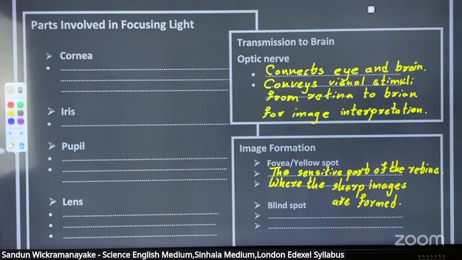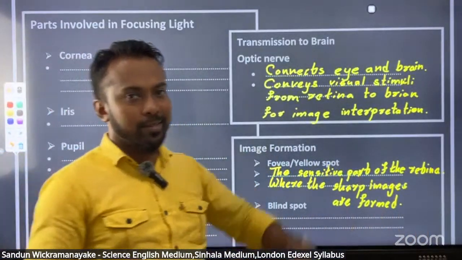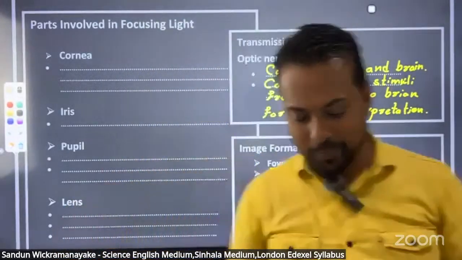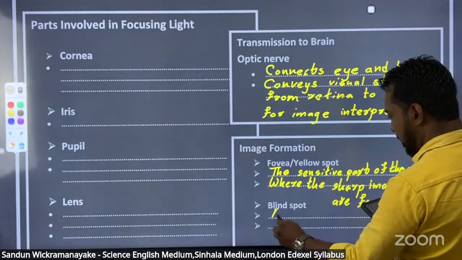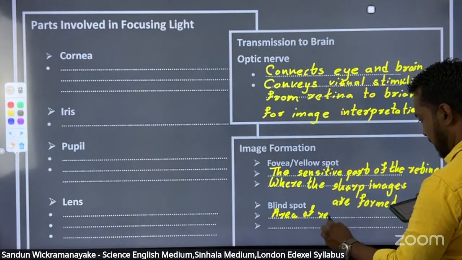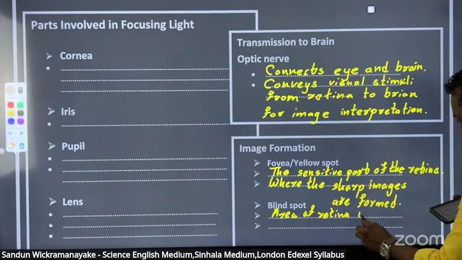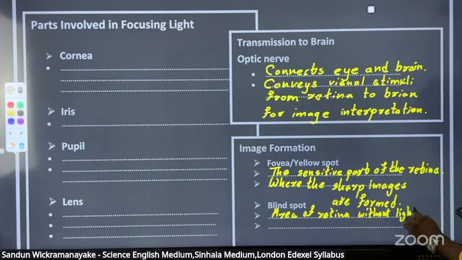Now I'm going to let the light rays into your blind spot. Okay? What is the blind spot? The area of the retina without light sensitive cells.